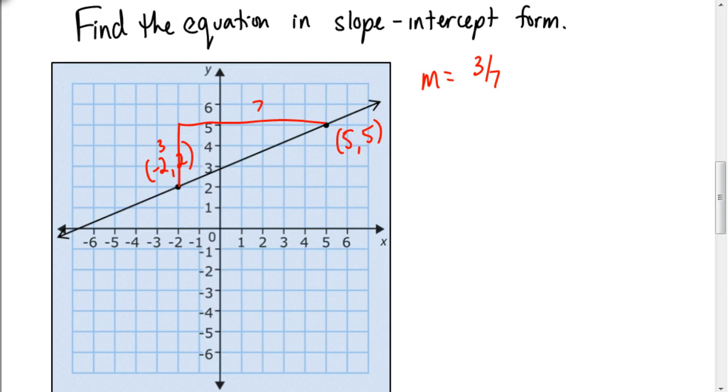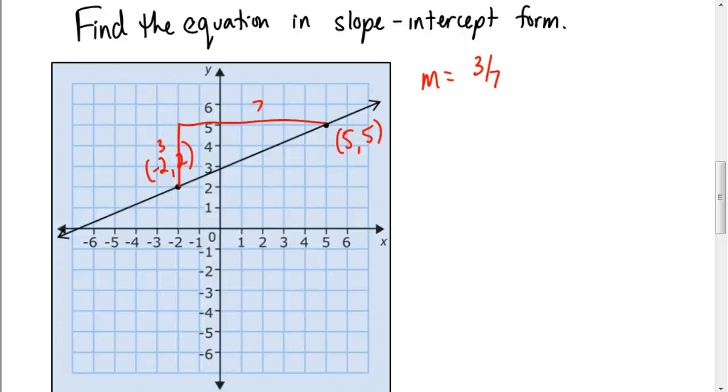And now I can't use my slope-intercept form, so we have to use a point-slope form. So we could pick either coordinate here to plug into that formula. I could use the point negative 2, 2, or I could use the point 5, 5. Either way, you're going to end up with the right answer in the long run. So as far as preferences are concerned, some people don't like using negative numbers, so if they can avoid it, they won't use them.